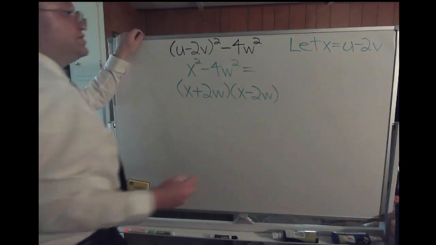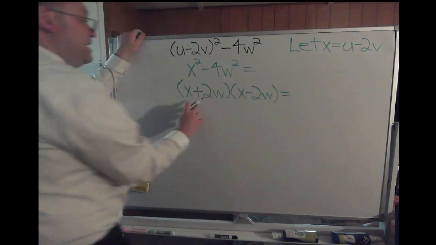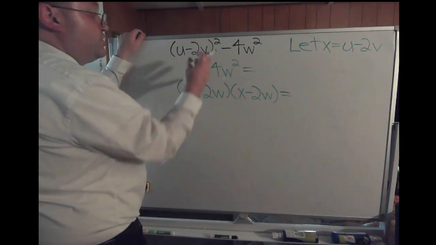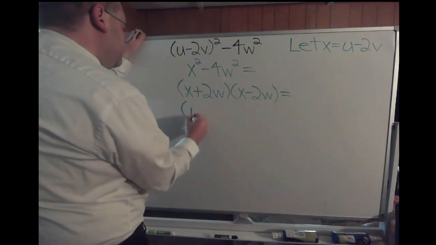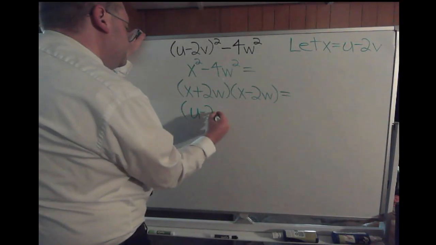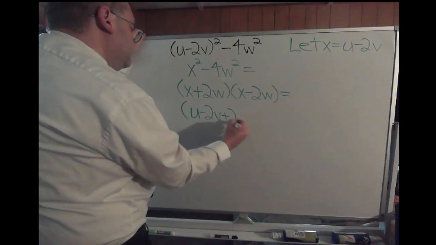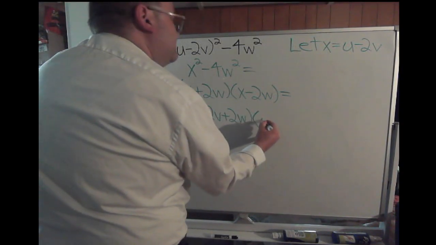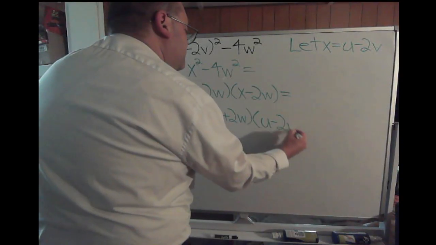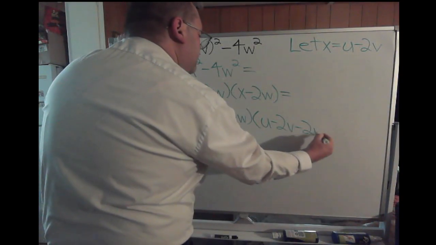And now all we have to do is substitute the value of x back in to get a form of the original equation. X was equal to u minus 2v. So that'd be u minus 2v plus 2w, that quantity, times the quantity of u minus 2v minus 2w.